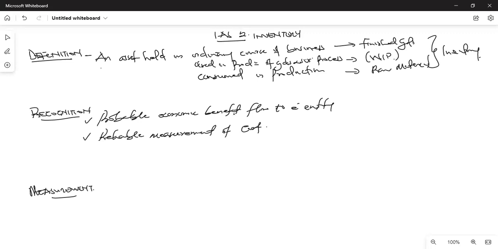All right. Take note of that. For measurement, we are going to go through and talk about the initial measurement.